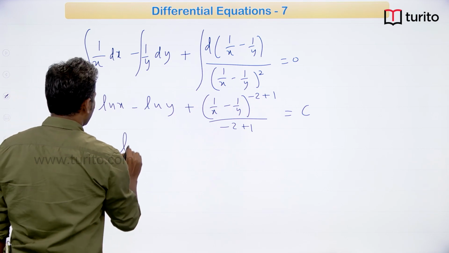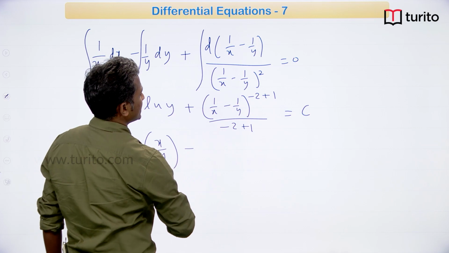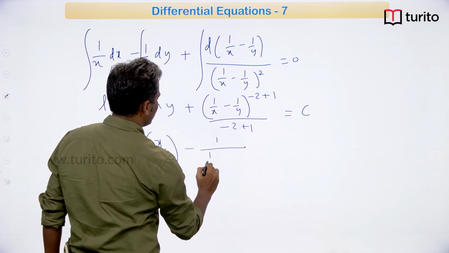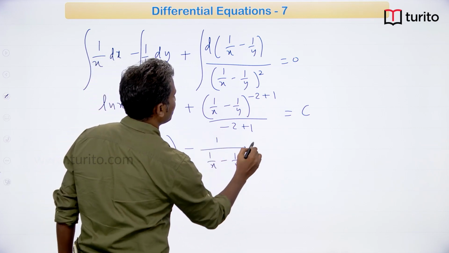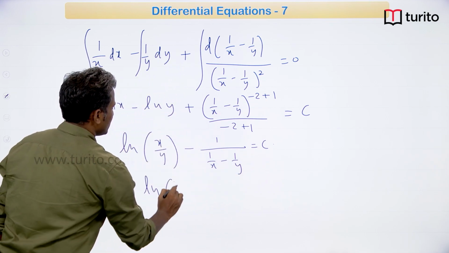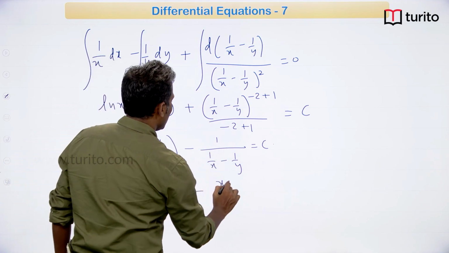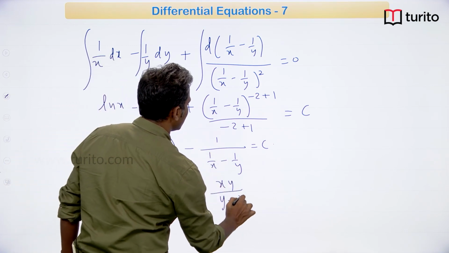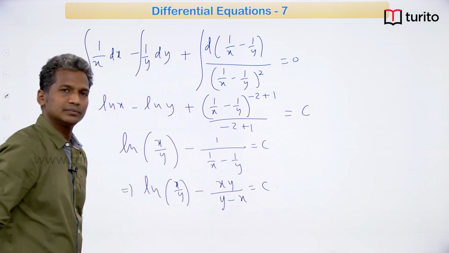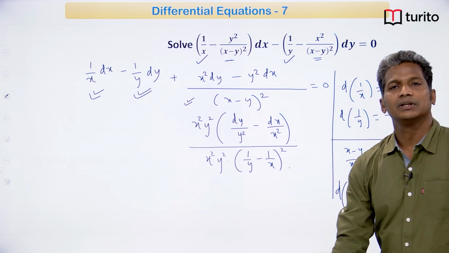So further we can write it as ln of x by y minus 1 by x minus 1 by y equal to c, or we can also further simplify this, ln of x by y minus, what do we get here, xy divided by y minus x equal to constant c. Okay. So this way we can solve the miscellaneous kind of questions.